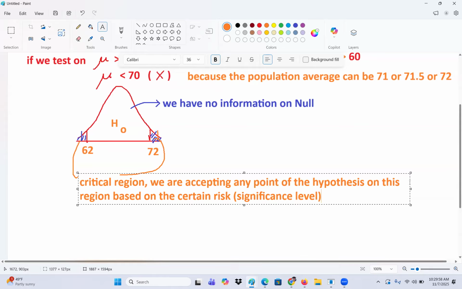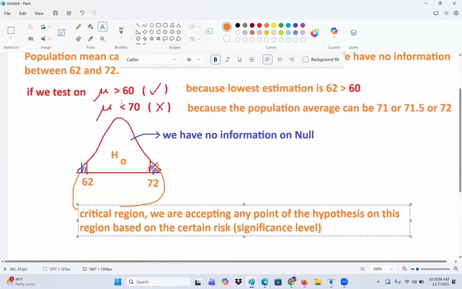So this is what we call the power of the test as well. If we take 5%, meaning even if we say yes, for example, we test that the mean is greater than 60 and it's a yes, we still have a 5% chance that it might not actually be greater than 60, right? So we always have to associate the risk that we're willing to take.